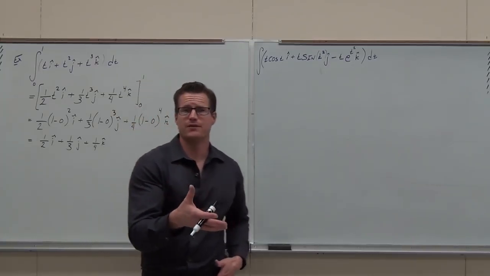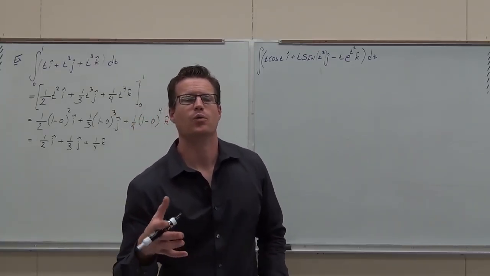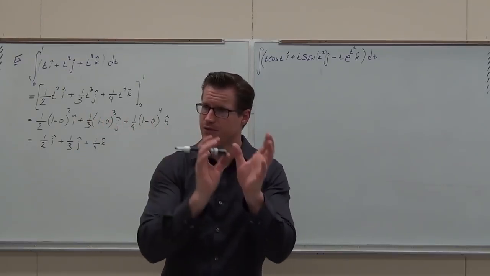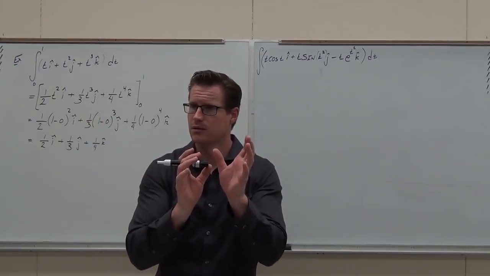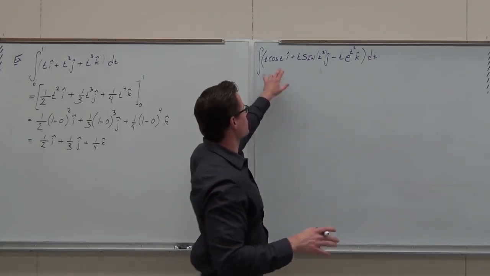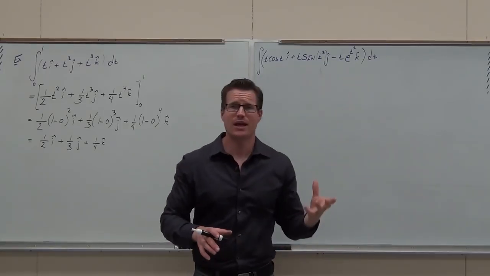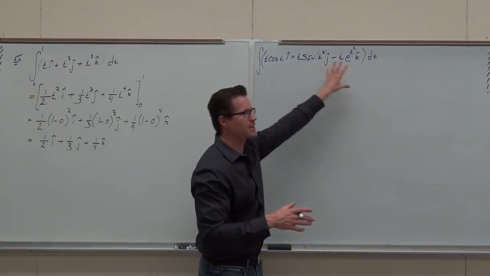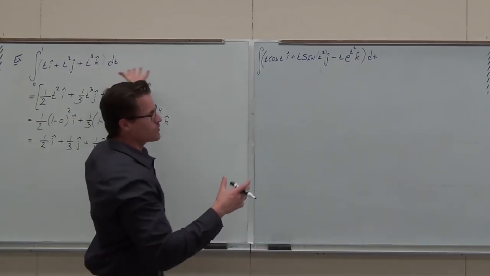Just like we do derivatives of vector functions, when you do derivatives, you're free to do the derivative of each piece individually, correct? Yes. Same thing with integrals. Because these are three different pieces, you're going to have several different techniques going on with this thing. You can't use the same technique for all of this stuff. Easy ones? Yeah, okay, do them in your head.